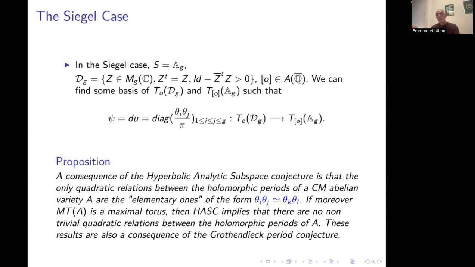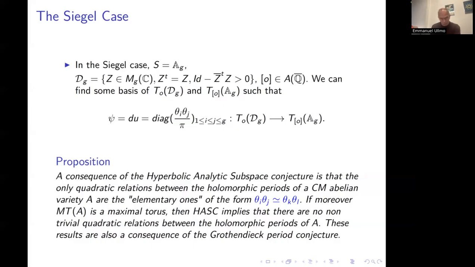And if, moreover, you're in the situation where the Mumford group is maximal, then you expect that you have no trivial quadratic relations between the holomorphic periods of A. So somehow it seems to be a very difficult conjecture, implying a very small part of the Grothendieck period conjecture, but still, okay, it's a different way of trying to advance in these ideas.